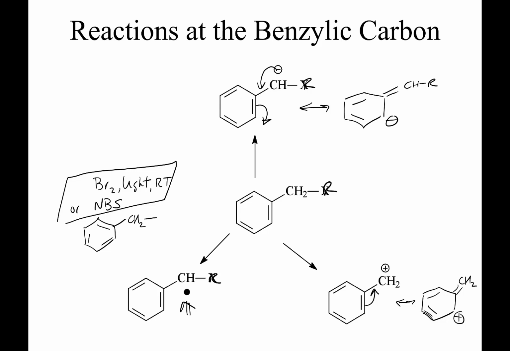Okay, so the benzylic position is where the carbocations will form, it's where the radicals will form, and it's where we would prefer to have a negative charge form as well.